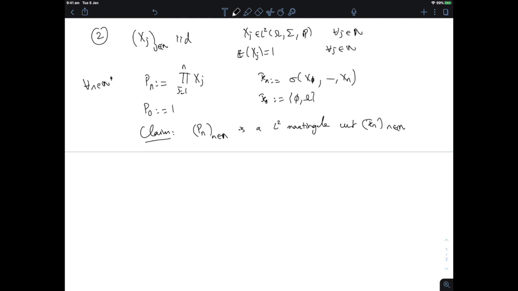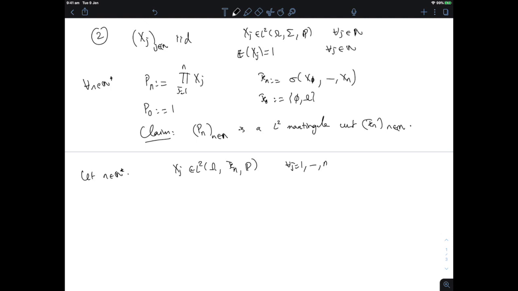Again, three things to prove. The first two things are exactly as in the case of a sum. Xj is in L2 of omega, Fn, P for every j equal 1 to n. Let's fix an n. That's because by definition Fn is a sigma algebra that's generated by n random variables including Xj.